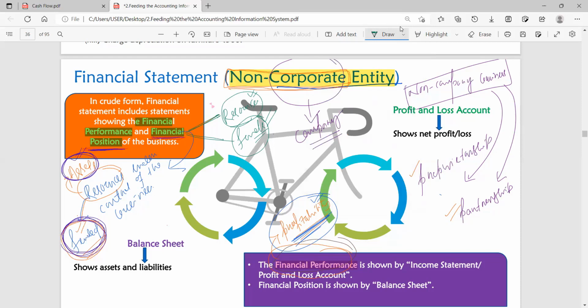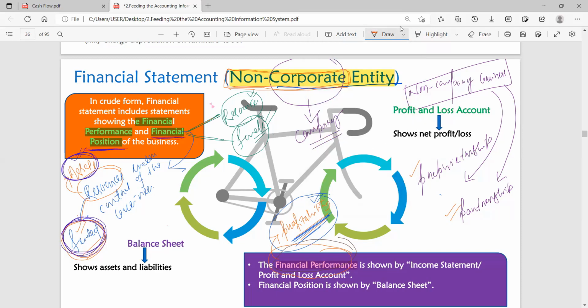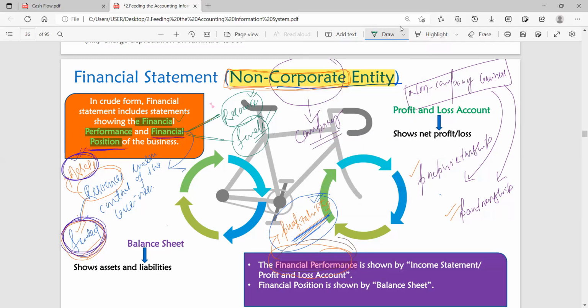These are the two important statements we generally produce to our owners, partners, proprietors, even the bankers and lenders, those who are interested to know about the business and its performance. One statement, as we understood, is the financial performance statement, and the other one is our financial position statement.